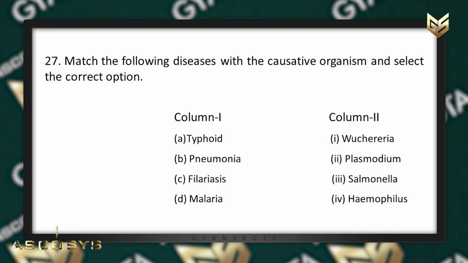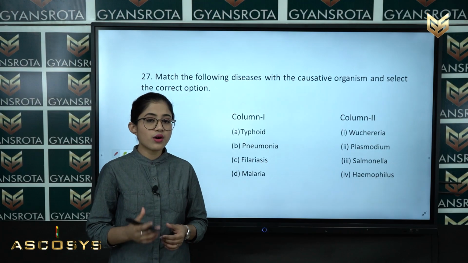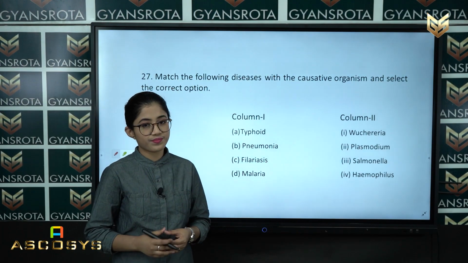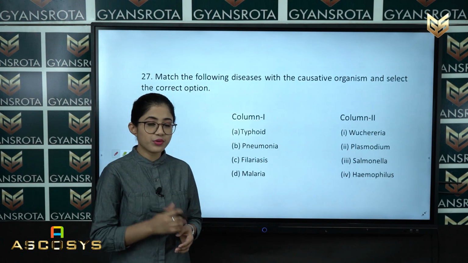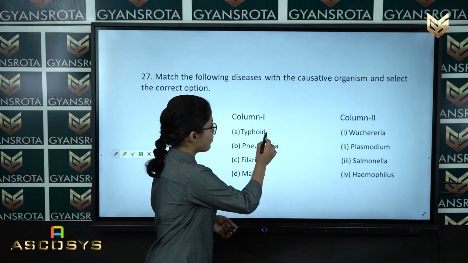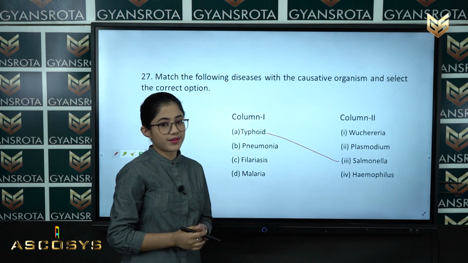Student, we need to match column 1 with column 2. Column 1 gives the names of the diseases, and column 2 gives the causative organisms. The first one is typhoid. What is the causative agent of typhoid? That is Salmonella. So typhoid matches with Salmonella.